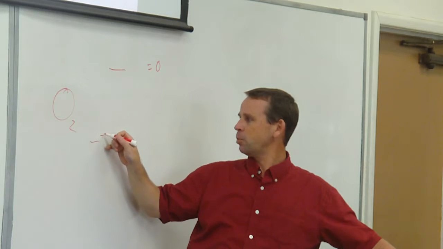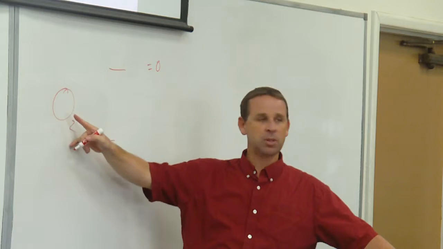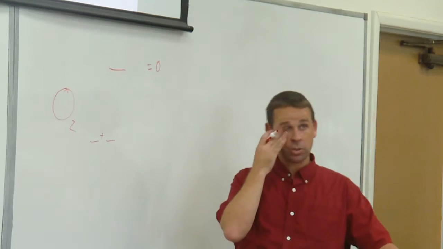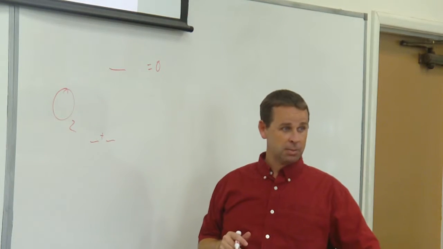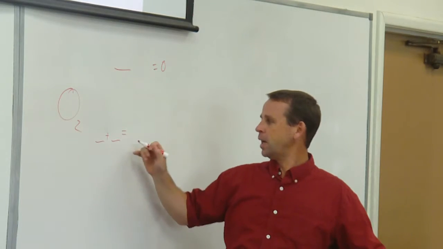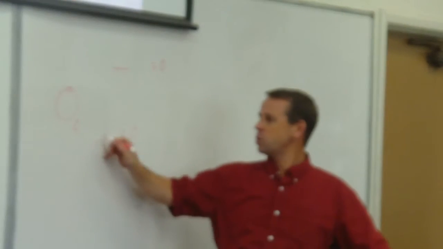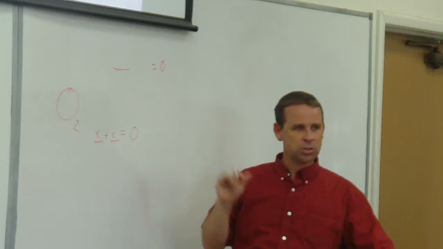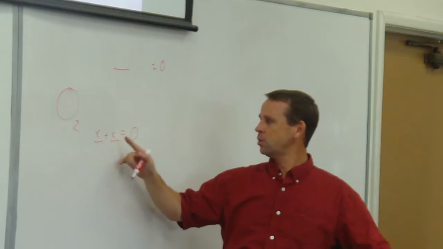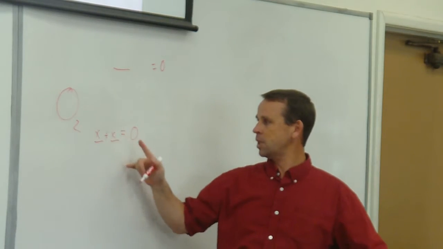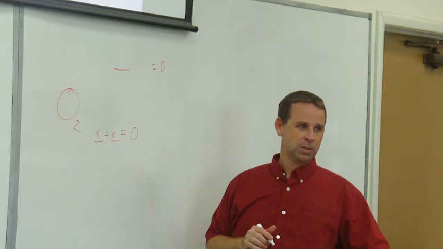So that oxidation number plus whatever the other oxidation number is for the second oxygen, which should be the same thing, then the answer should be 0. So we're looking at some value x, the same value, times 2, or x plus x equals 0. Any ideas?